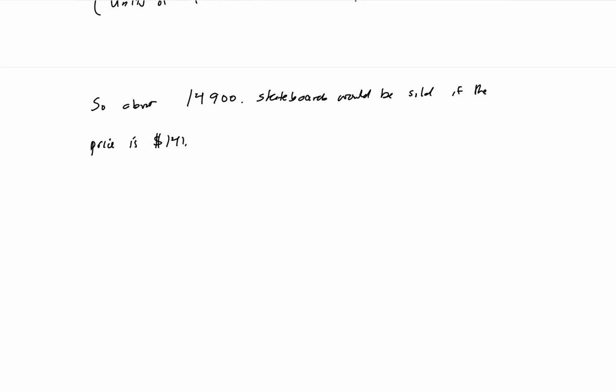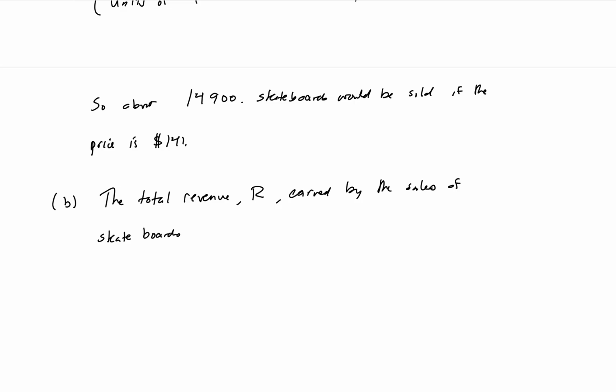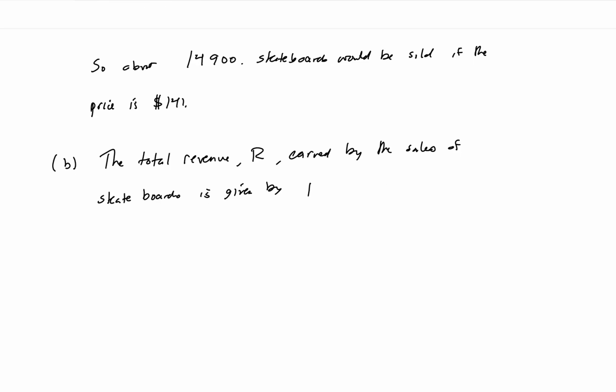Okay, so that's our first question. Second one, let's say the total revenue earned by the sales of skateboards is given by R is equal to the price of them times the quantity sold.